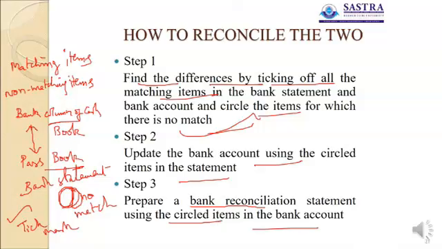Why? The circled items cause differences. So conclude with this. The basic and fundamental concept behind is what are all the items that keep the balances of cash book and passbook non-matching.